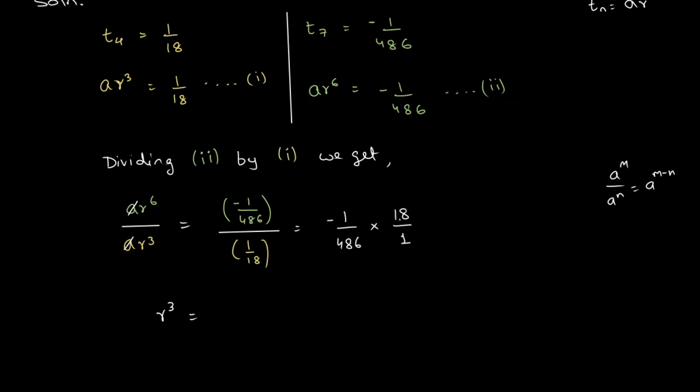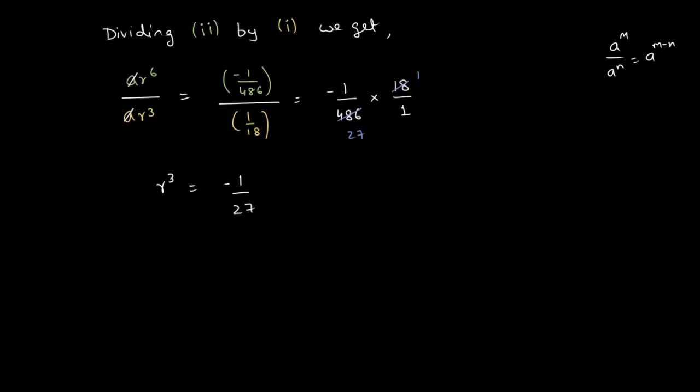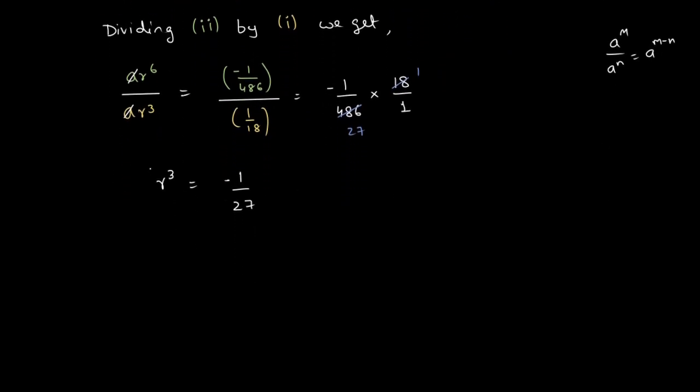The cancellations here, let's see now. 18 ones are 18, twos are 36, and I'll be left with 126, which is 18 sevens are 126, right? So I get my value of r cube as negative 1 upon 27. Now the cube of what number will be negative 1 upon 27?